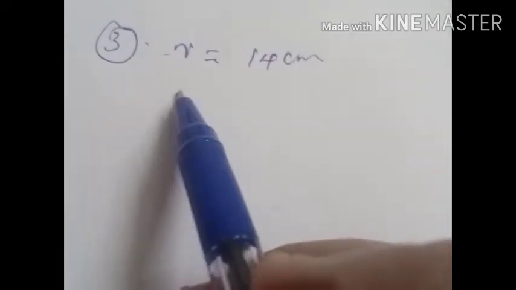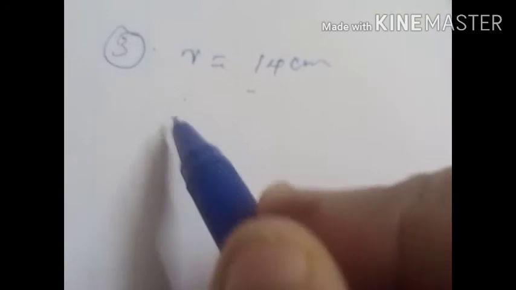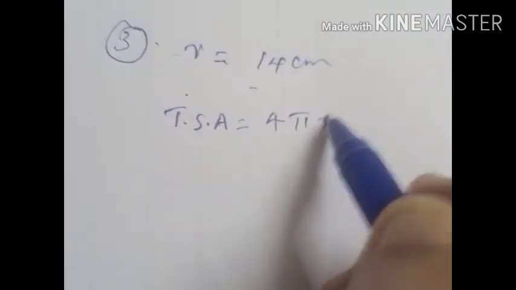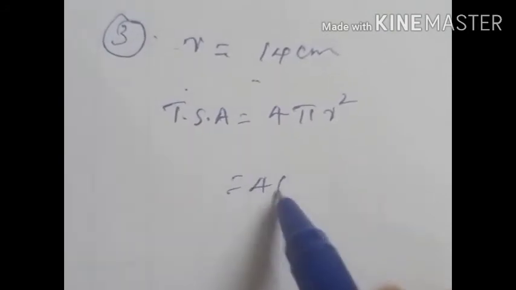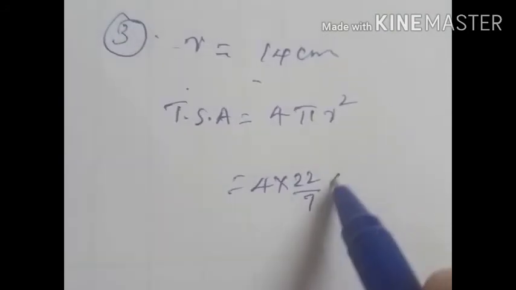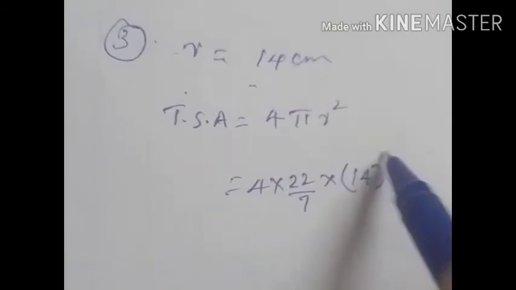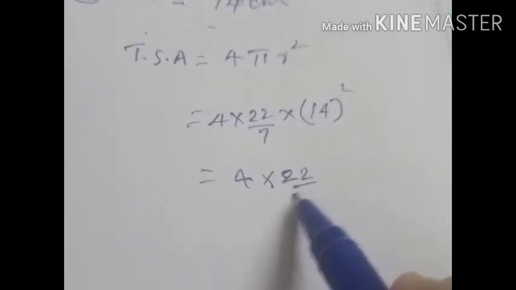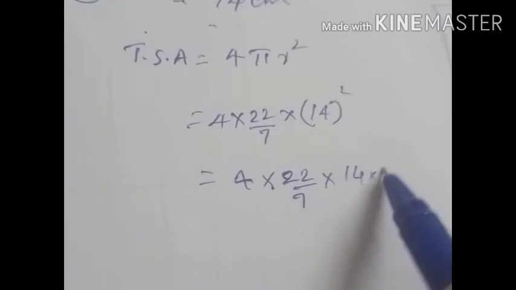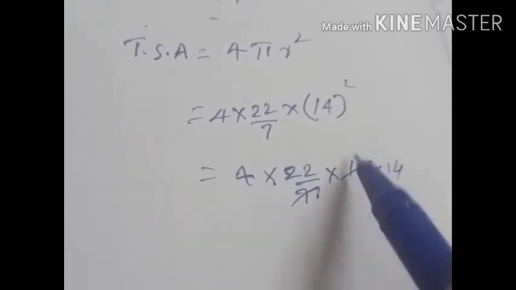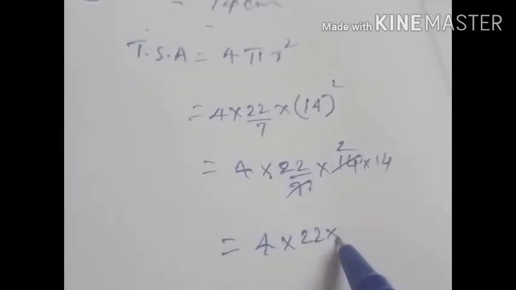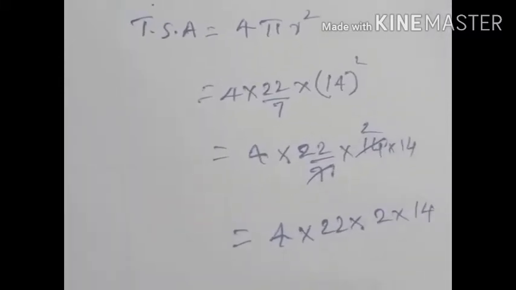Now for the third sub-question, the radius of the sphere is given as 14 centimeter. So r equals 14 centimeter. The equation for TSA equals 4 pi r square. Substitute the values of pi as 22/7 and r as 14. So we can write it as 4 into 22/7 into 14 into 14. Then simplify that. Then we will get 4 into 22 into 2 into 14.